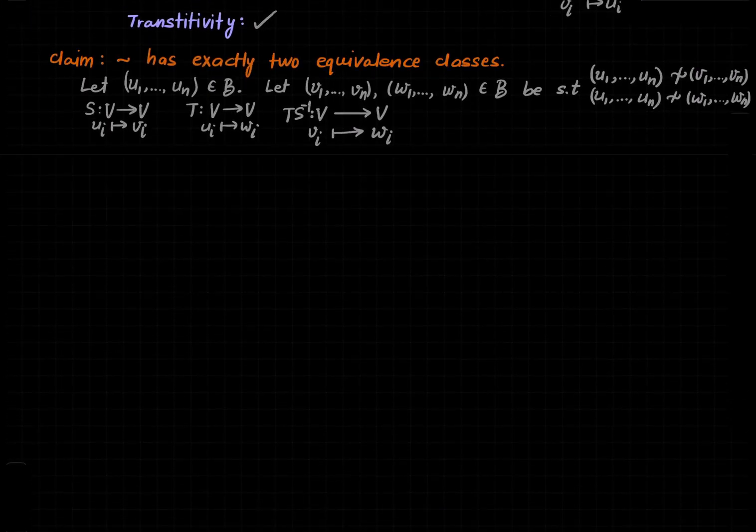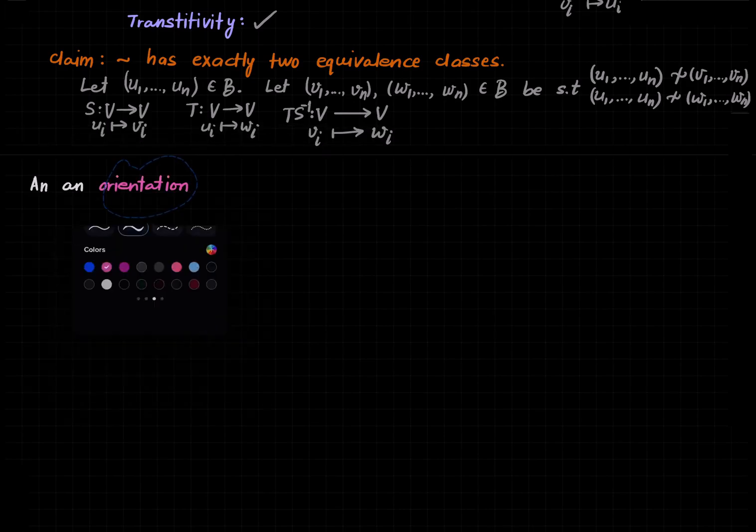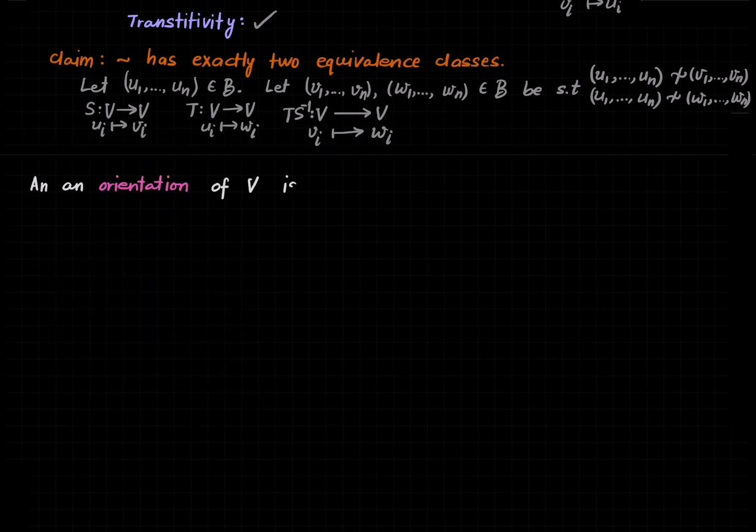So now we will say that an orientation of V is a choice of an equivalence class.